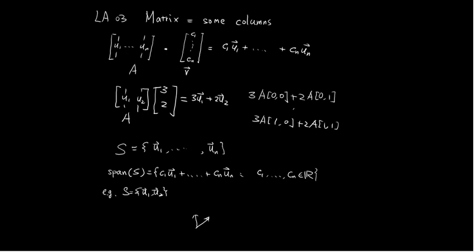You have 2 vectors and that's all. And if you want one linear combination, then maybe you can take, for example, 3 copies of U1, and then 2 copies of U2. Then you got a vector here. Such a thing is called a linear combination.